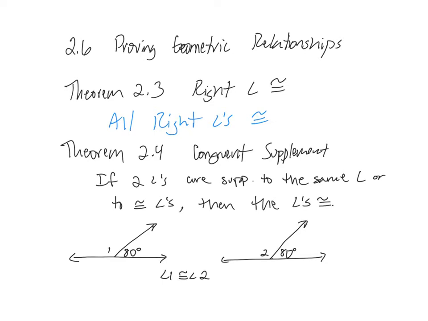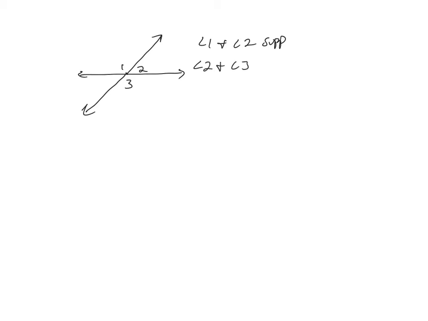Another figure that can happen is, if it said angle 1 and angle 2 are supplementary, and angle 2 and angle 3 are supplementary, then based on that theorem, you could say angle 1 is congruent to angle 3, because they are both supplementary to the same angle.